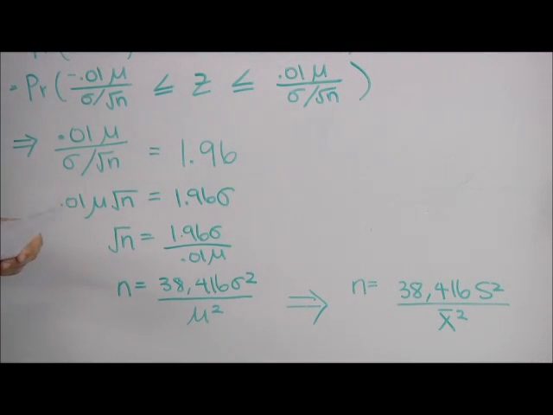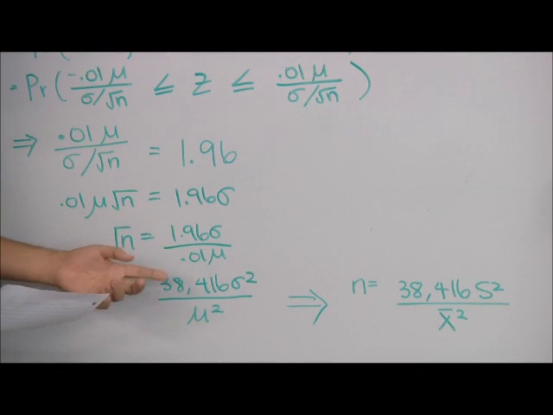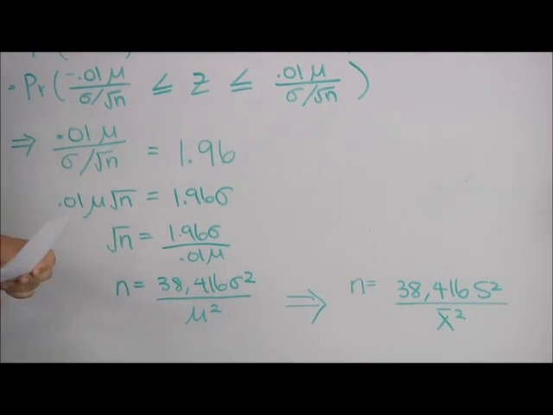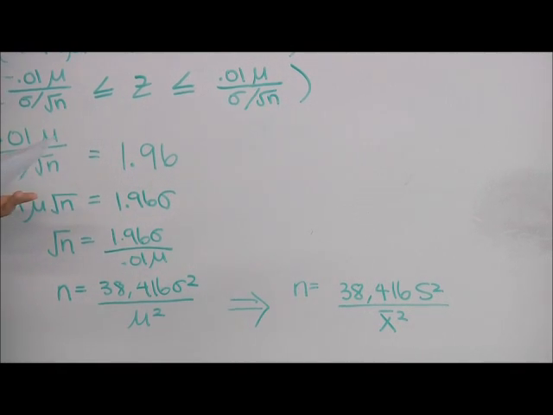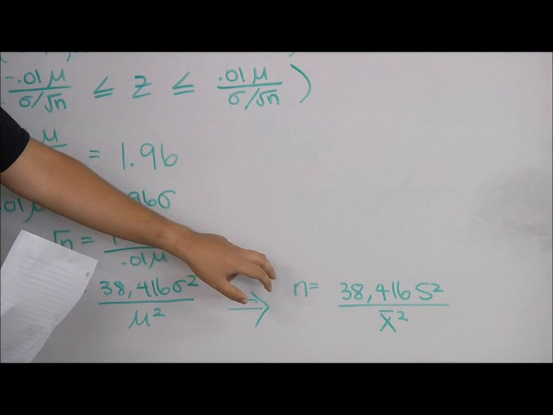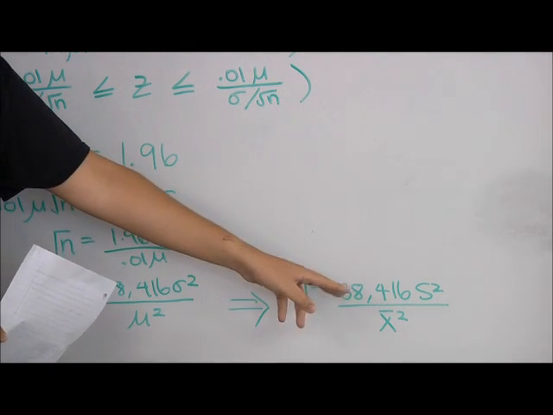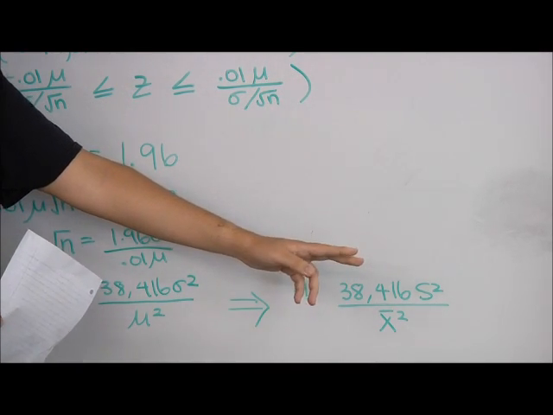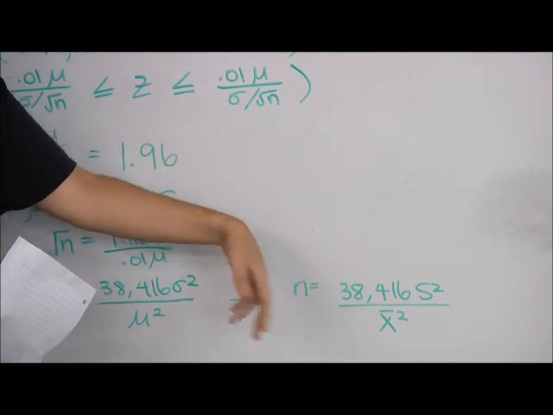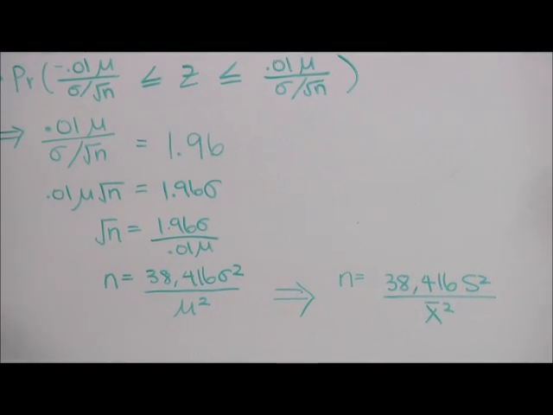And you're going to have to estimate the values of sigma and mu with the sample standard deviation and mean. Your estimates will improve with n, so you're going to want to stop when n is greater than or equal to 38,416 s squared over x bar squared n. There we go.